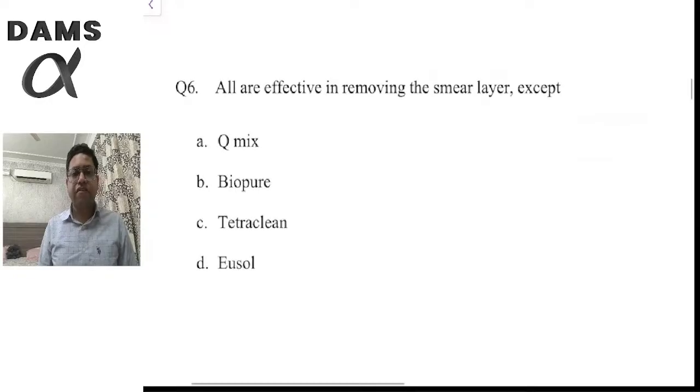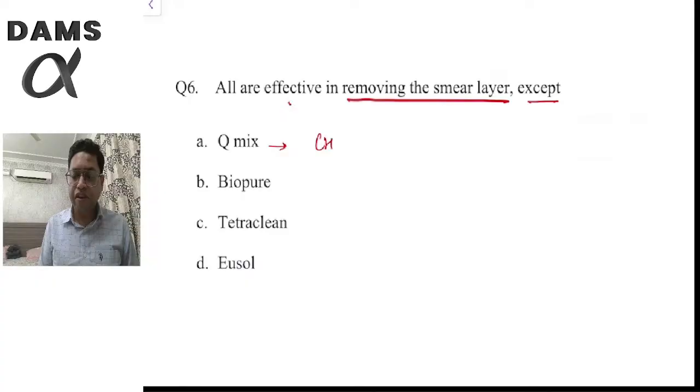Question number 6. All are effective in removing the smear layer except: Qmix, BioPure, Tetraclean, and Usol. What is Qmix? Qmix is a mixture of chlorhexidine, triclosan plus EDTA.